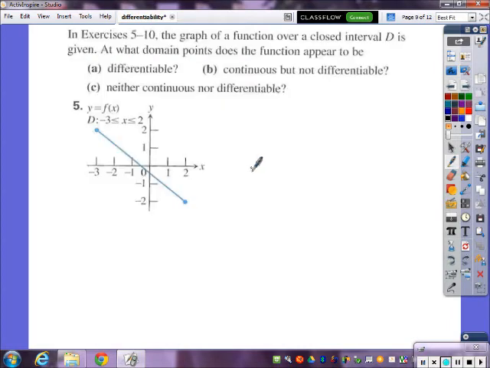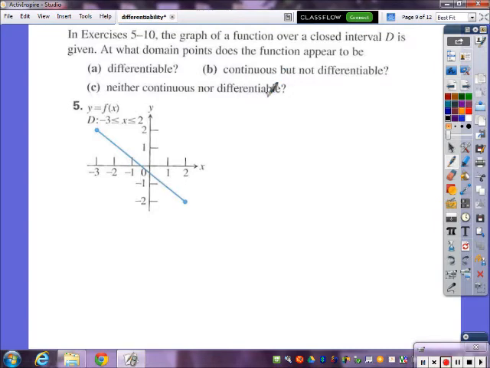Graphically, you may be asked to do something like this. It says the graph of a function over a closed interval D is given. At what domain points does the function appear to be differentiable? Continuous but not differentiable? Neither continuous nor differentiable?